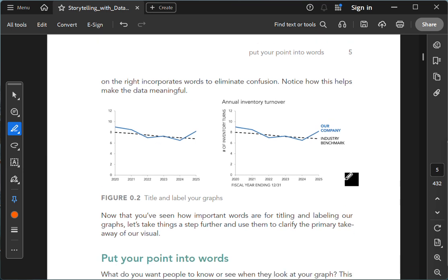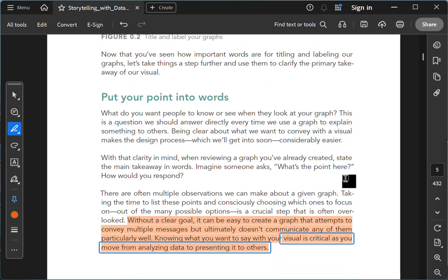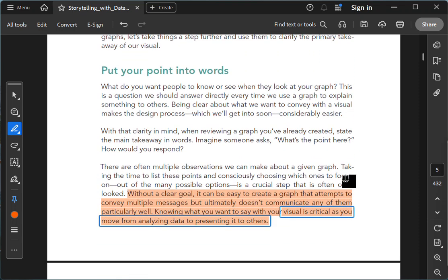The next point is to put your points into words. So what do you want people to know when they look at your graph? What's the point you're trying to communicate? The book teaches that without a clear goal, it can be easy to create a graph that attempts to convey multiple messages but ultimately doesn't communicate any of them particularly well.